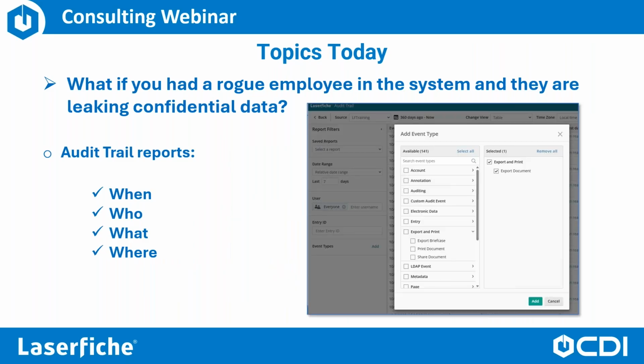For example, the audit trail event reporting tool, which is web-based, and you can see a screenshot of that here, we can look and see who's done exporting of information. All right, did they download, did they share it, things like that.